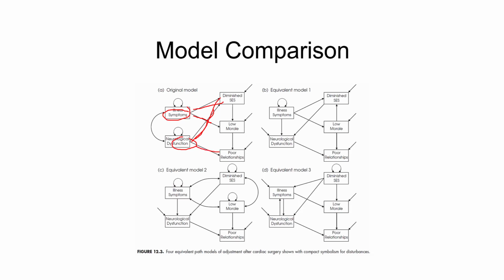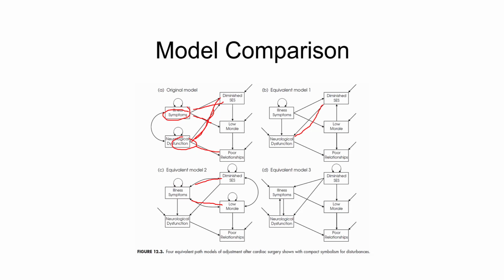In a different model, the predictions go in different directions. For this diminished SES, it predicts neurological dysfunction. Each one of these has something slightly different to it. Some only say there are correlations between these and don't try to do prediction.